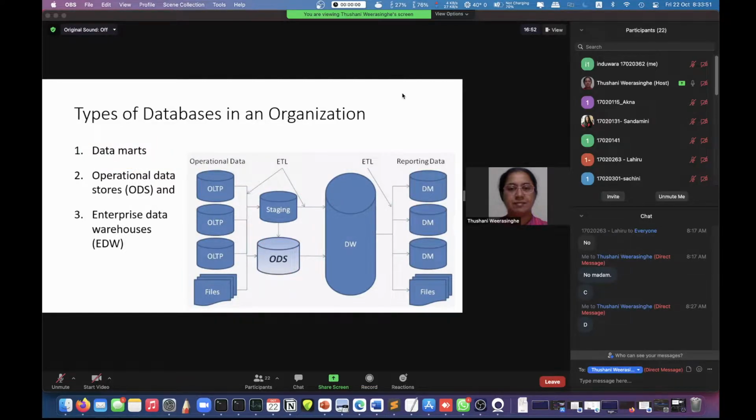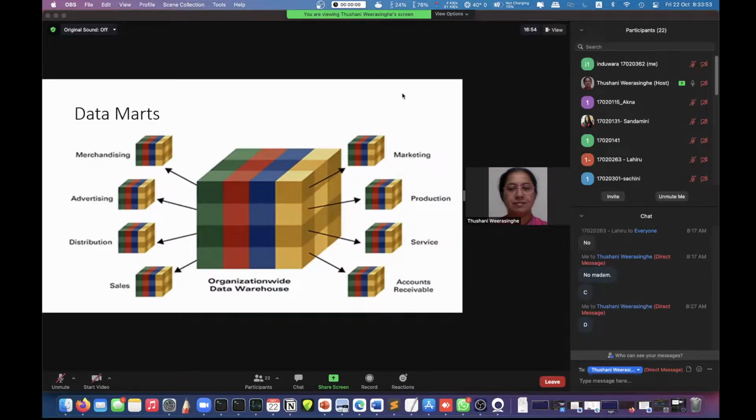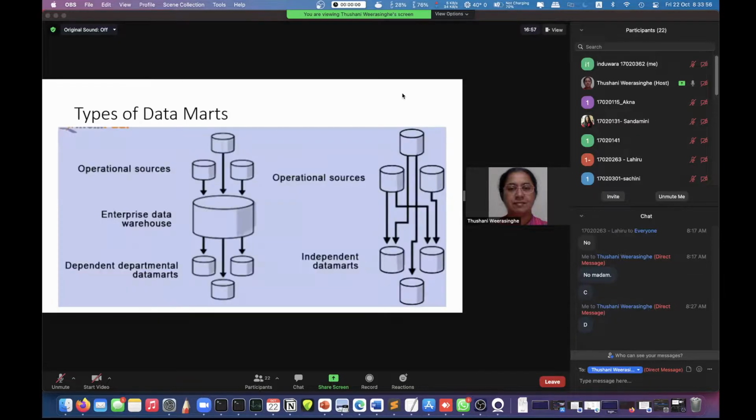So all these things are explained, and you can see the data marts here and the different types of data marts available. Here we have independent data marts and dependent data marts.